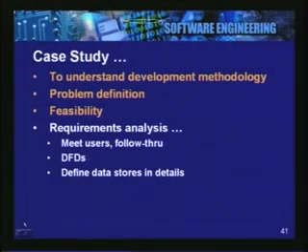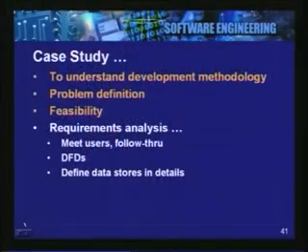So we met the users, we followed through some of the activities they perform, and we prepared the data flow diagrams and identified the different sub processes and the different data stores. After that, we defined the contents of each data store. Unless we do this, we will not be able to clearly understand what needs to be done in each of the sub processes identified in the data flow diagram.